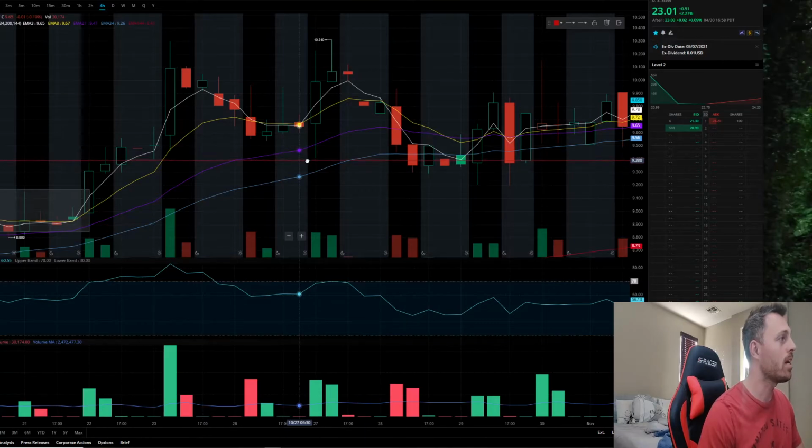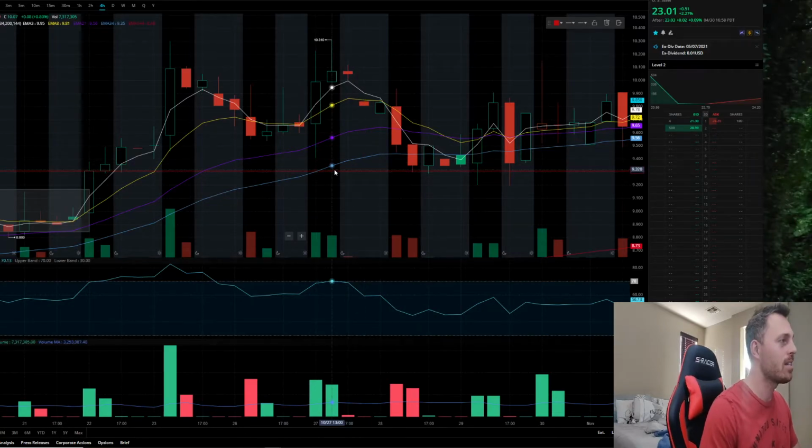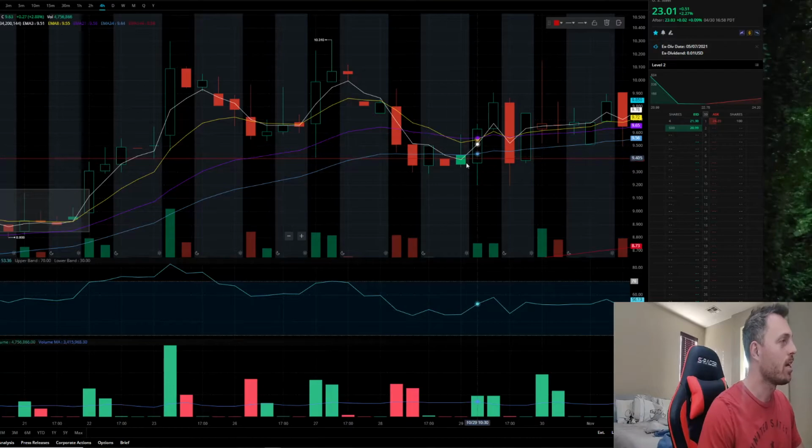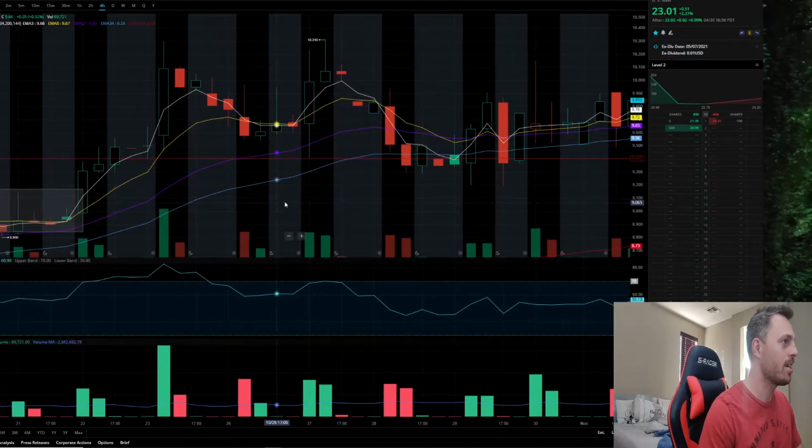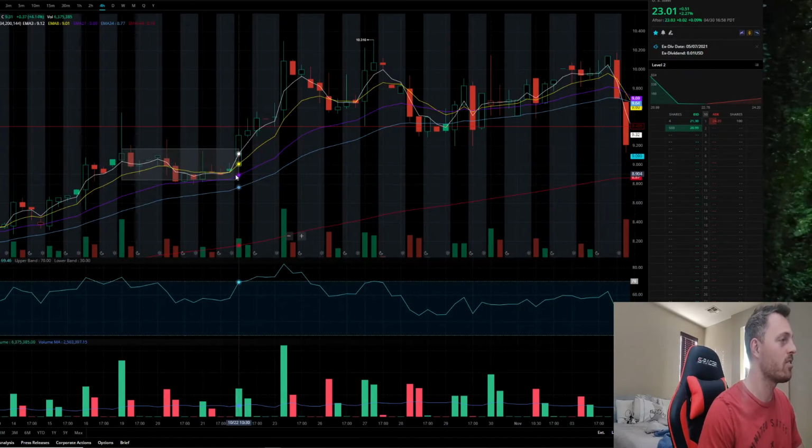But what I do like to do is move it up from this point, and the 34 EMA is a pretty good point to drop that stop loss. It's a continuation of the trend, but you can also bring it all the way up into here. But you will get stopped out the next day no matter what it looks like, unless you left your stop loss here, and that's probably too much risk.